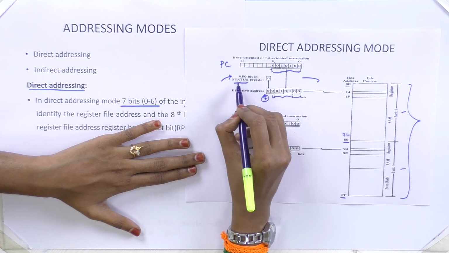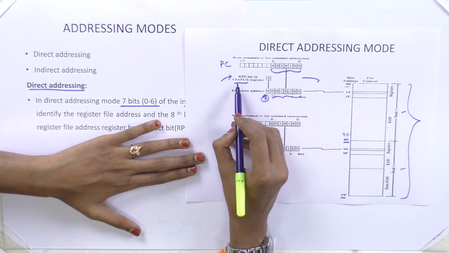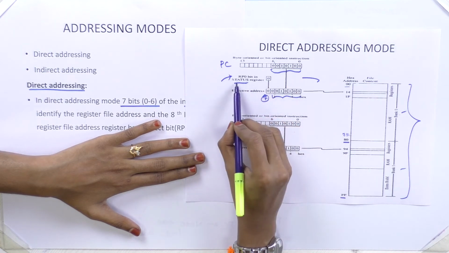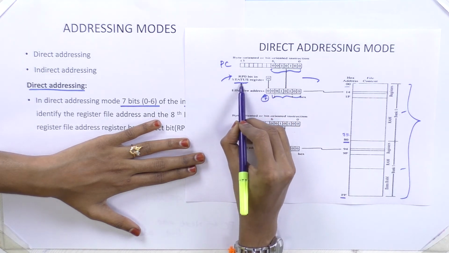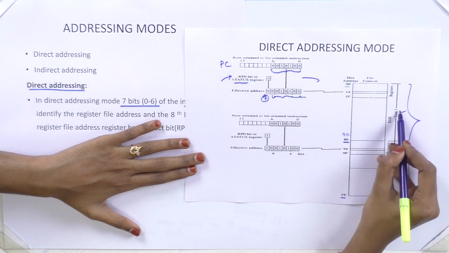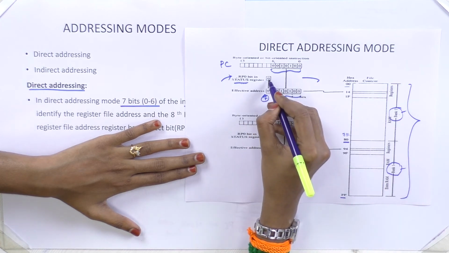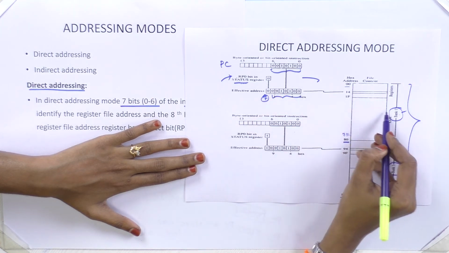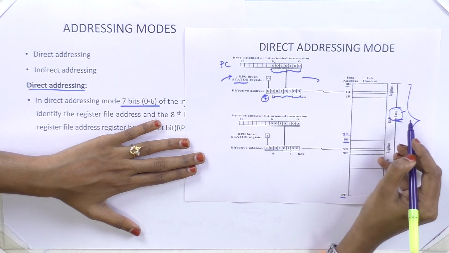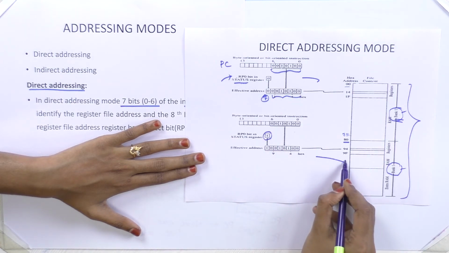We will discuss it in detail in the next 2 minutes. This status register's RP0 bit will define whether you are accessing bank 0 or bank 1. If that value is 0, you are accessing bank 0. If that value is 1, you are accessing bank 1.